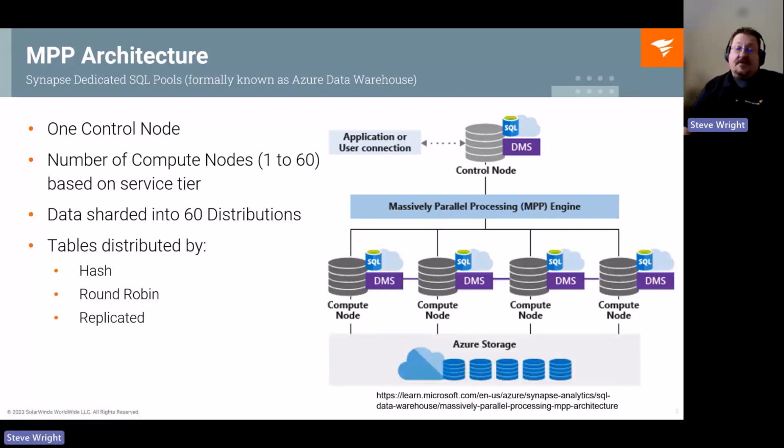So obviously, if you're at the lowest tier, you only have one compute node, you're not really massively parallel at that point, but that one compute node works with all 60 distributions. If you scale up to the very top tier, you've got 60 compute nodes, each responsible for only one of those distributions. And that's where you really get that scale-out functionality.